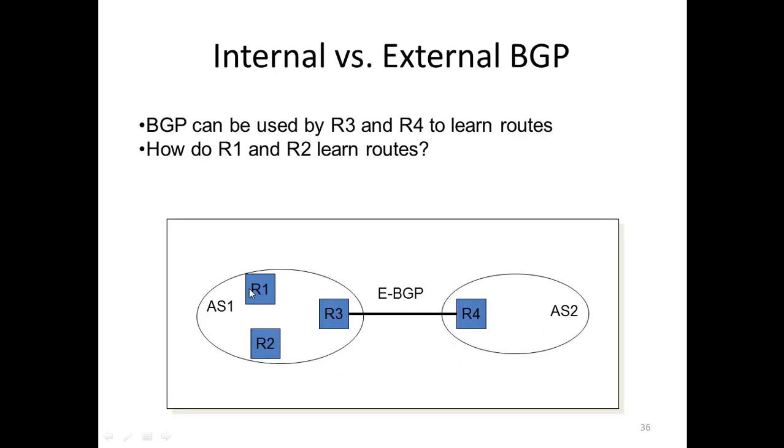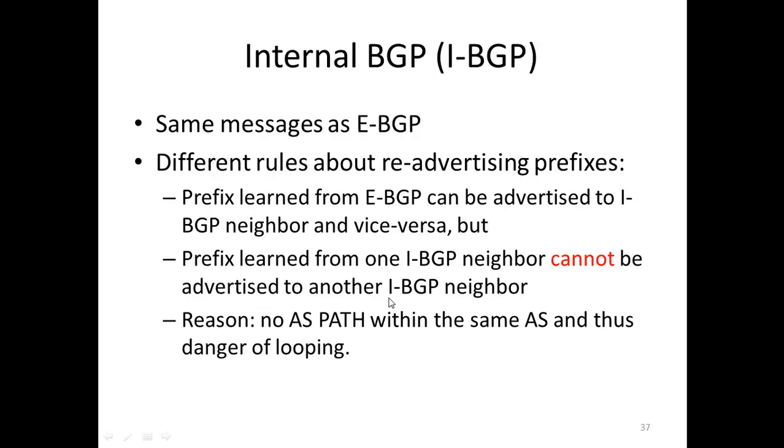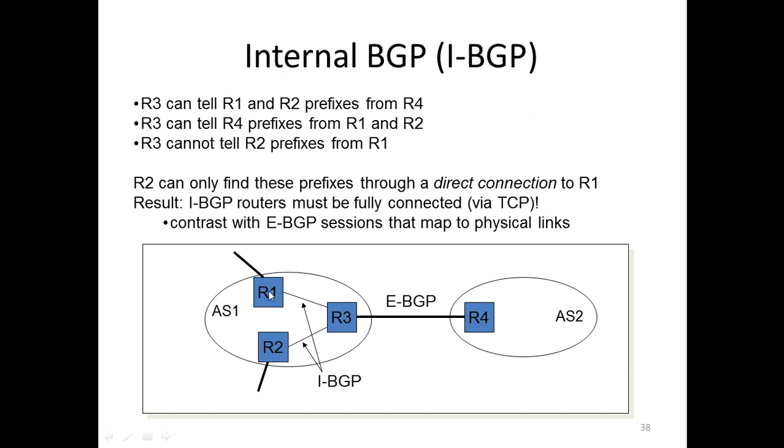These iBGP peers cannot provide the information to each other, but this information can be provided to the eBGP for external routing. The reason is that there is no AS path within the same AS, and thus there is a danger of looping, where your packet keeps bouncing from R1 to R2.